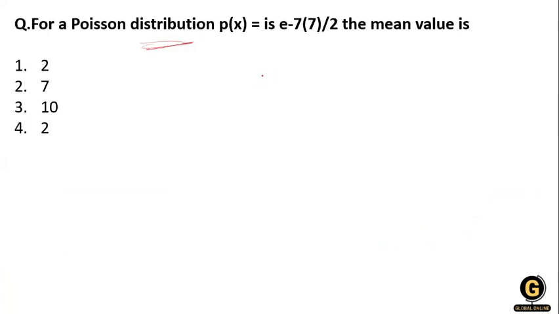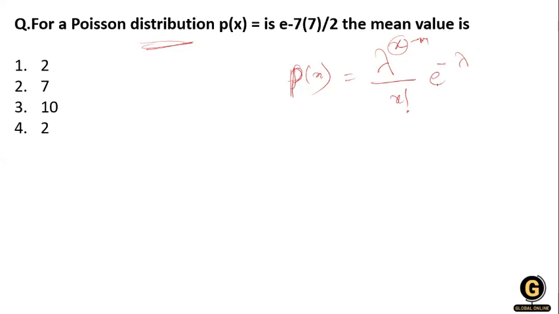We already saw the formula of the Poisson distribution. Here lambda is the mean. Clear?